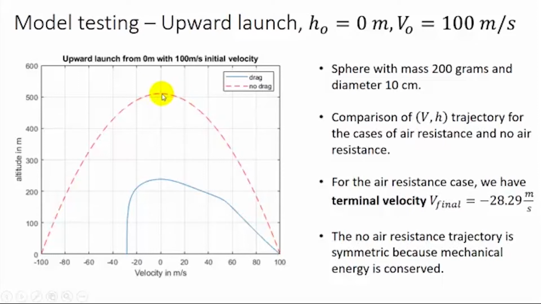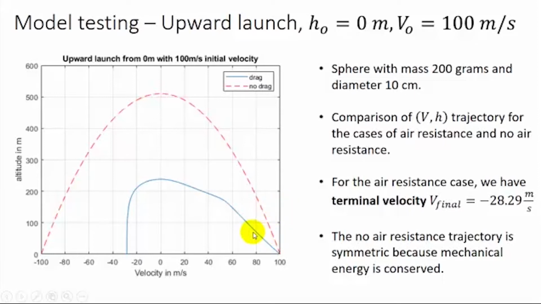The velocity will be decreasing, it will reach 0 at a maximum altitude of just over 500 meters, and then the velocity will reverse direction, become negative, and we will have a symmetric trajectory as for the upward travel, and the ball will reach the ground with a speed of minus 100 meters per second, giving a symmetric trajectory, again due to the mechanical energy being conserved.